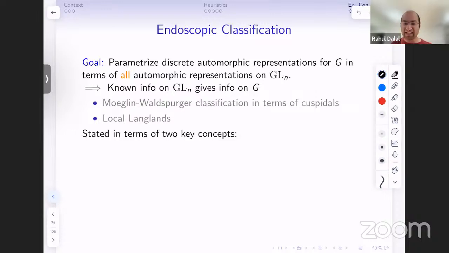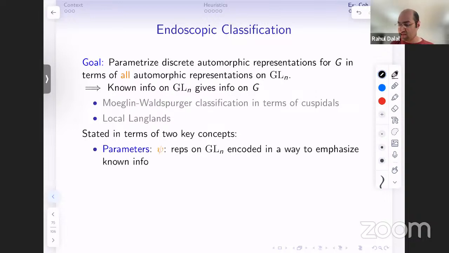When you actually read it, it ends up being stated in terms of two key concepts. The first key concept is something called an Arthur parameter, usually denoted psi. You should think of that Arthur parameter as an automorphic representation of GLN, but it has some decorations and encoding to emphasize all the known information on GLN.